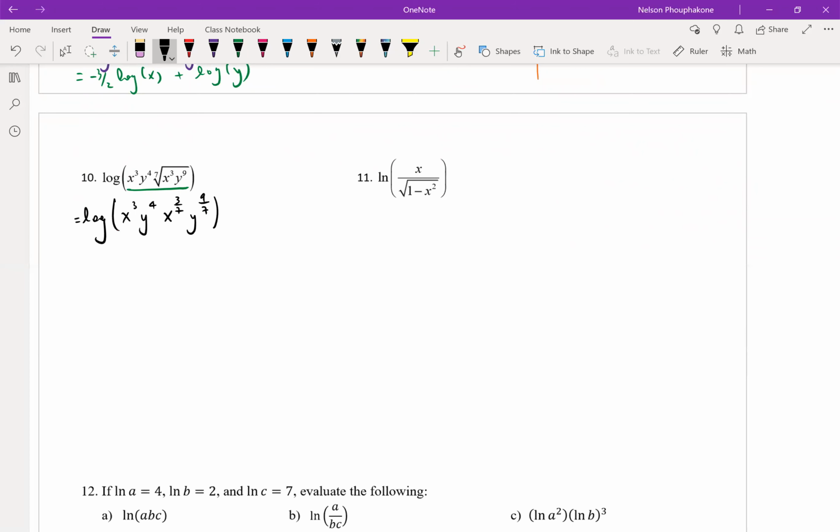Okay. Then what we could do, we could have x to the power 3 plus 3/7, y to the power 4 plus 9/7. And now we have 3 times 7, 21 plus 3, 24 over 7. 4 times 7, 28 plus 9 is 37.